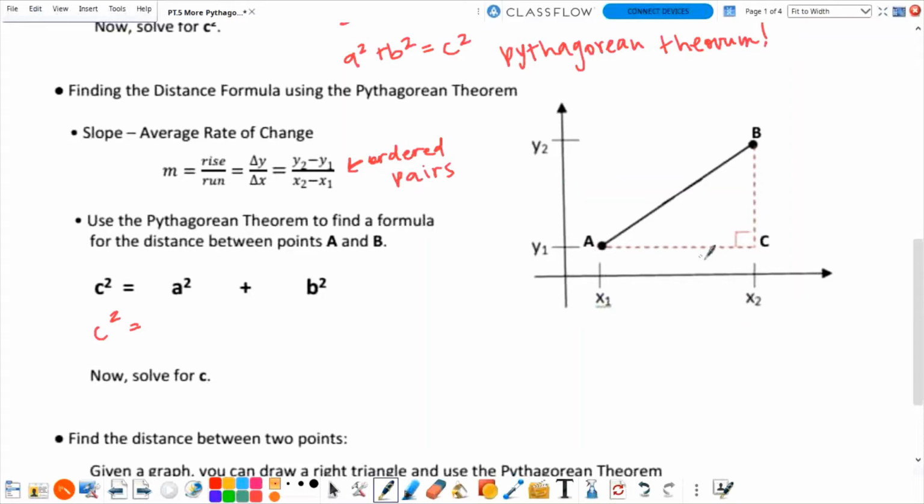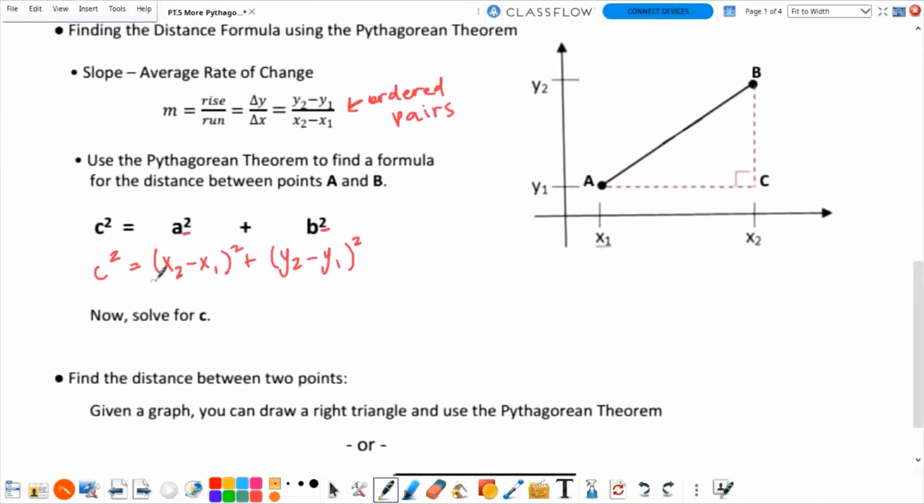So we're going to say that our A squared is going to be our value for x. So x sub 2 minus x sub 1, squared, plus B squared, which is going to be our y. Okay, so y sub 2 minus y sub 1, and then they're squared because that was what was originally in the formula.